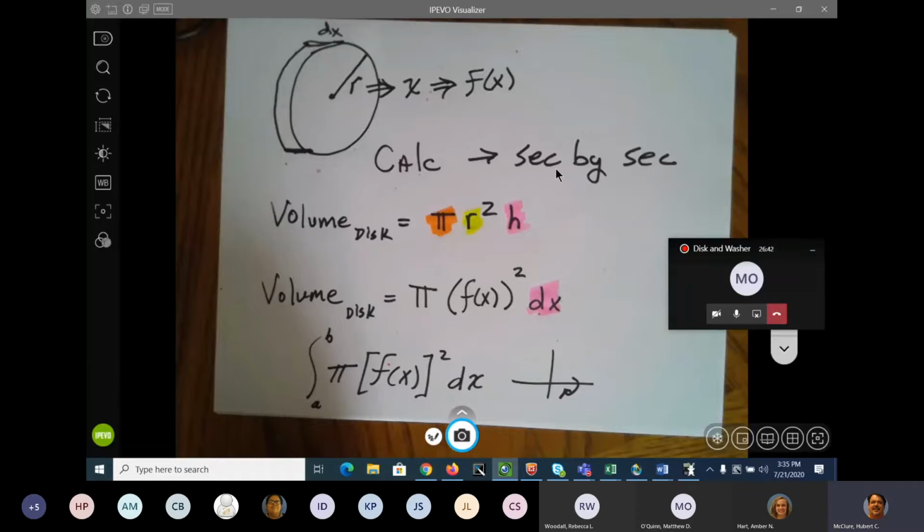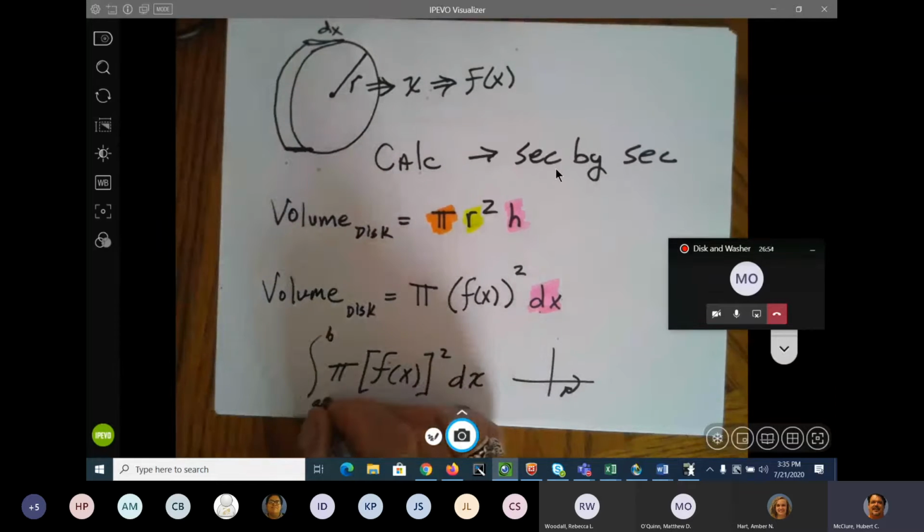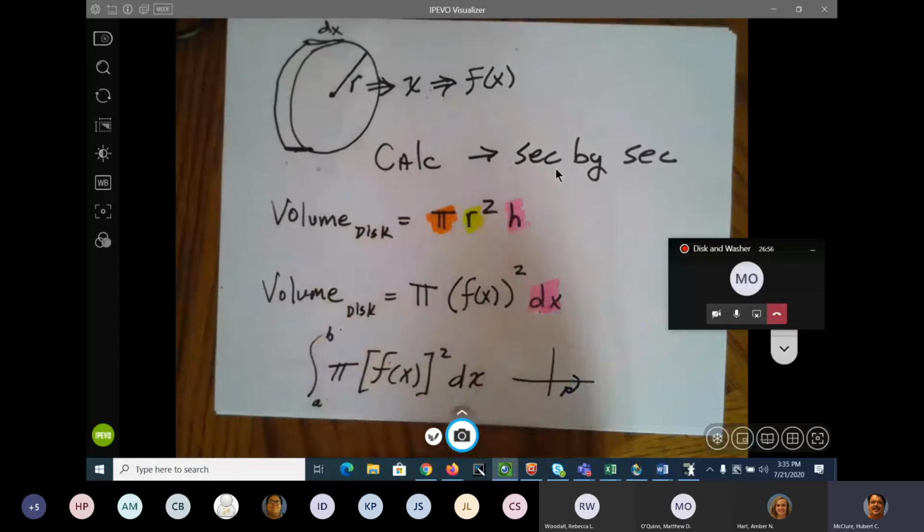So if I give you a function x squared, and I tell you that I want to go around the x-axis from 0 to 5, then you're going to put 0 here, 5 here, you're going to put x squared right here, and you're going to pull the pi out and do your antiderivative.